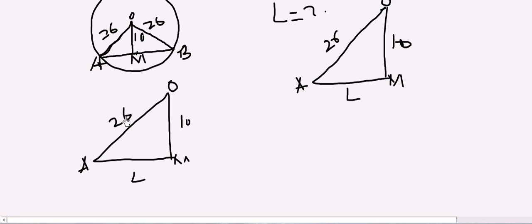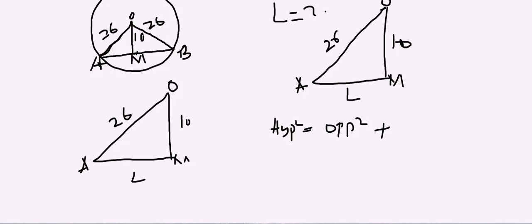If I use Pythagoras theorem, which says that the hypotenuse square is equal to opposite square plus adjacent square. The hypotenuse here is 26. This is the hypotenuse, this is the opposite, and this is the adjacent. So we have hypotenuse square as 26 square.